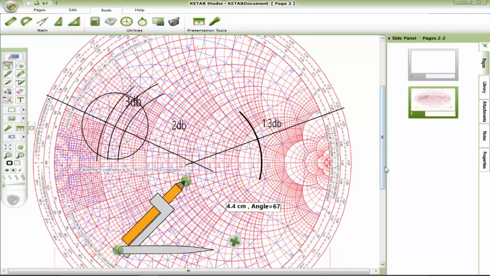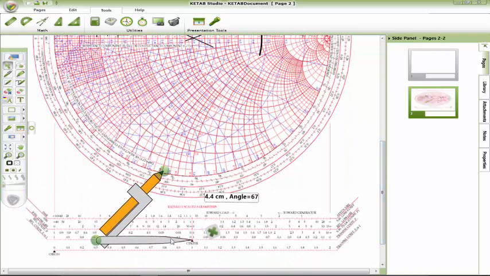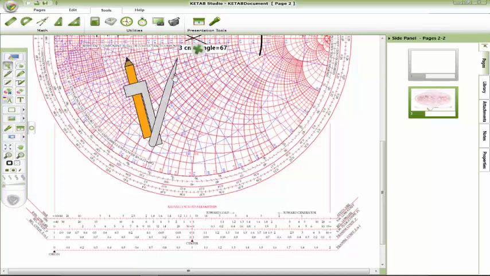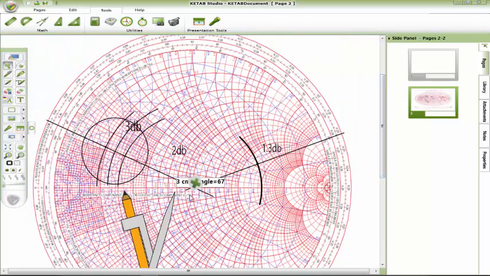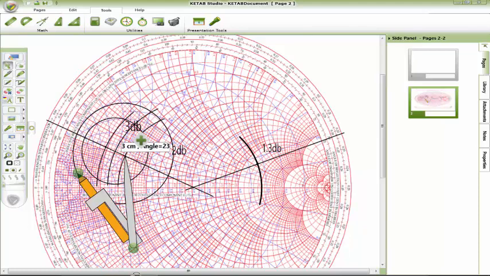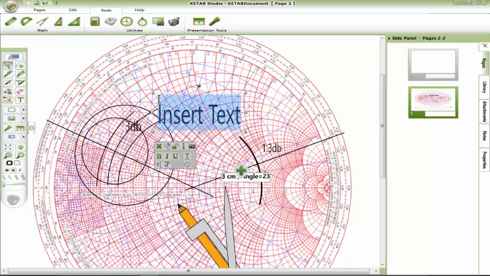Then we want to make the radius of this circle 0.37. Put it here and draw the circle. So this is the 1 dB circle, as we can see.